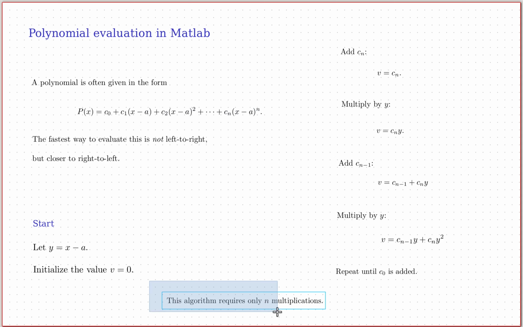And the upshot is that this algorithm only requires n multiplications. We only have to multiply numbers n times when you do this. That is, you have to do it once for each term where n is bigger than 0, right? So you have to do the multiplication once for all of these terms. And it turns out that if you do it from left to right, it takes more like twice as many multiplications.